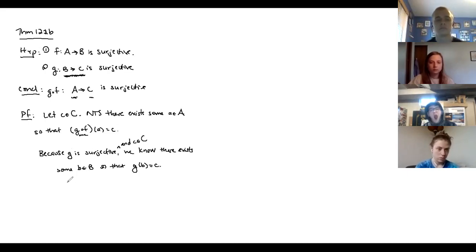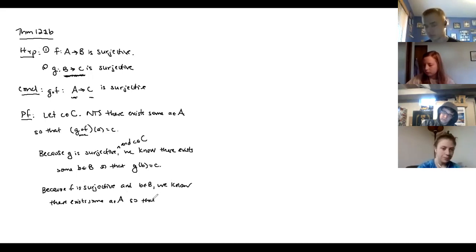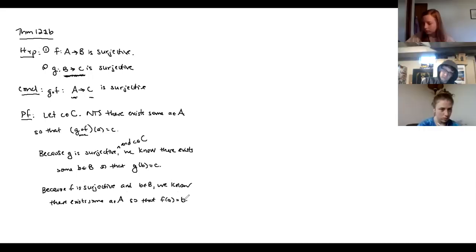Same idea with F. So because F is surjective and little b lives in capital B, we know there exists some little a living in capital A so that F of little a equals little b.